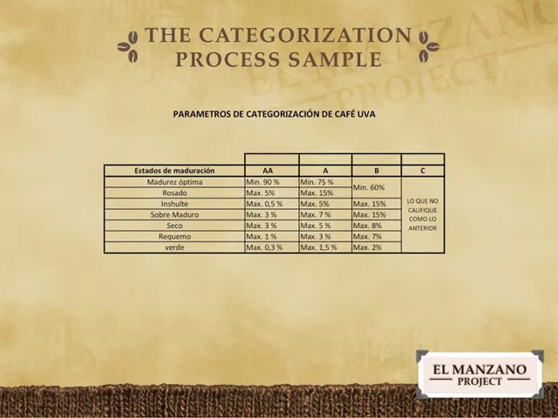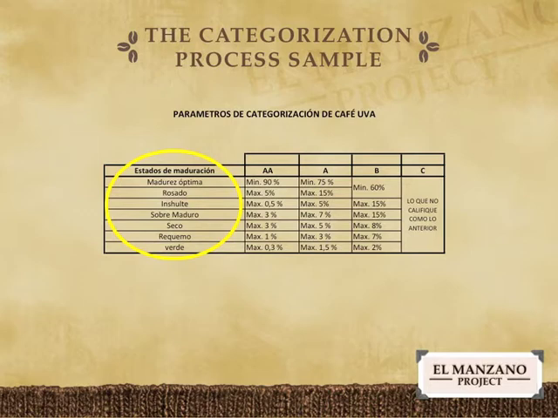So, for example, how to read these parameters. On the left, the levels or the types of beans coming in. So you've got optimum ripeness, pink, yellow, overripe, dry, sunburned beans, and fully unripe.